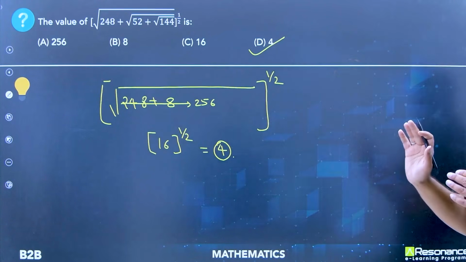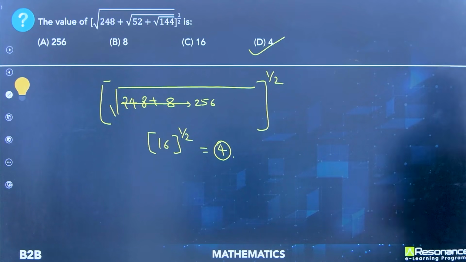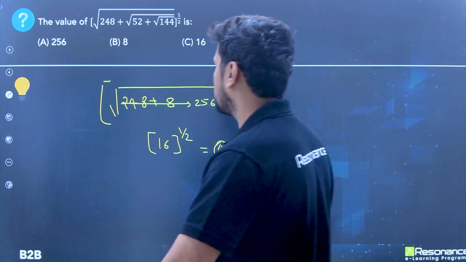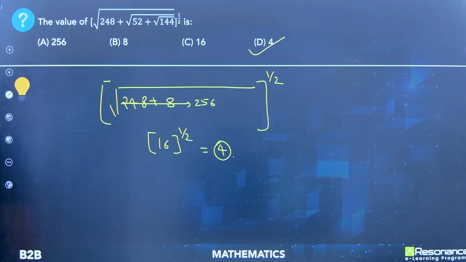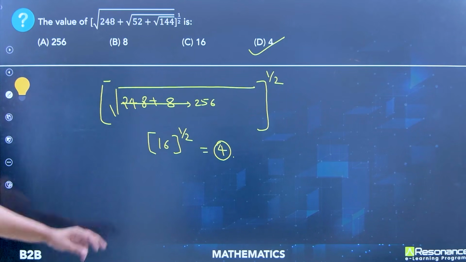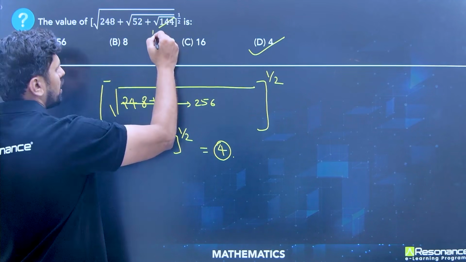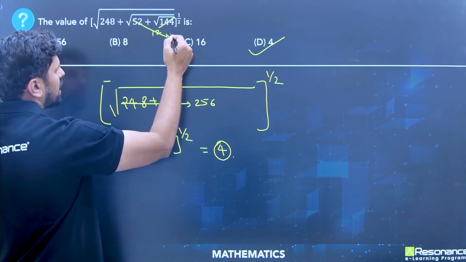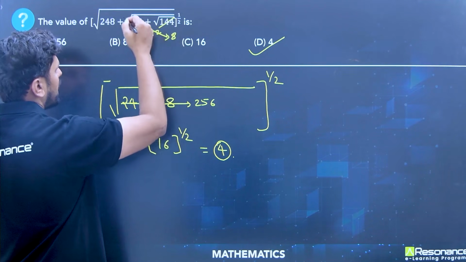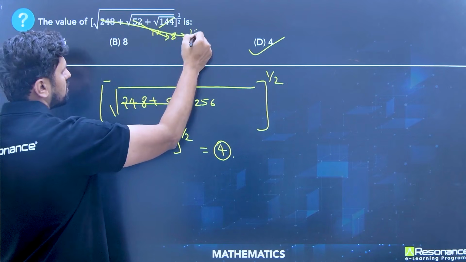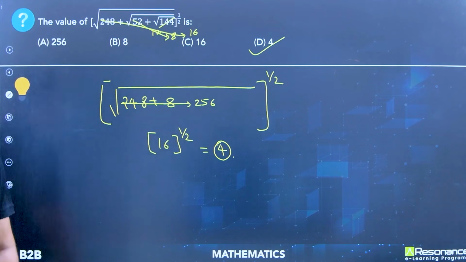So, we have to start from inside. Option D. Very good. So, easy question only. Can we move on to next one? Root 144 was 12. 12 plus 52 became 64. That is equal to 8. And this becomes 16. And 16 root is 4.